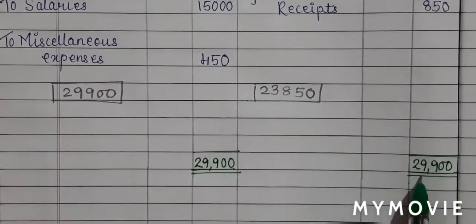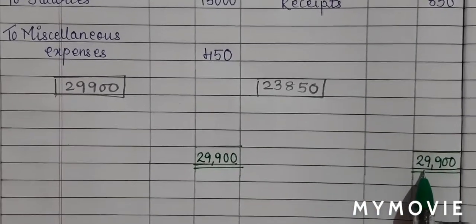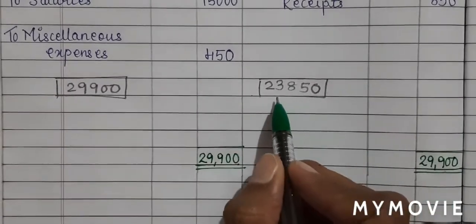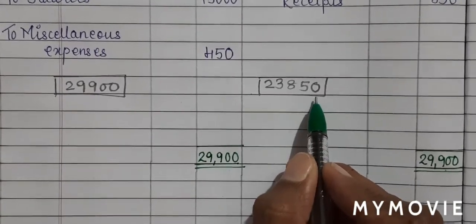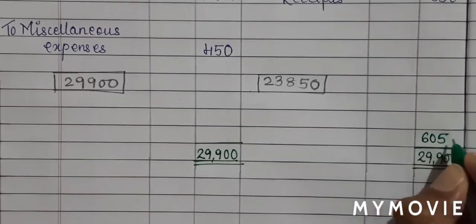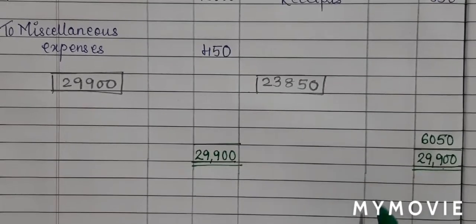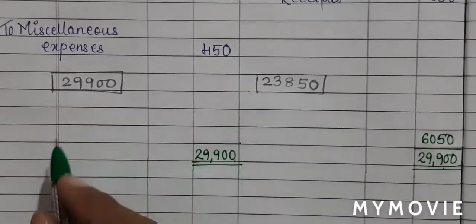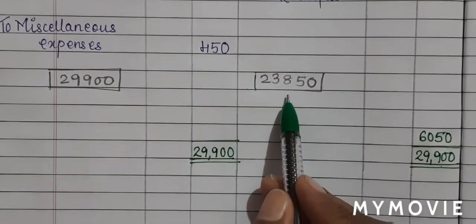From the bigger total, I will minus the smaller total. So from 29,900, I will minus 23,850. I'll get a balance of 6,050 rupees. The balance will be written on top. So students, here if you see, my expense is more than my income.